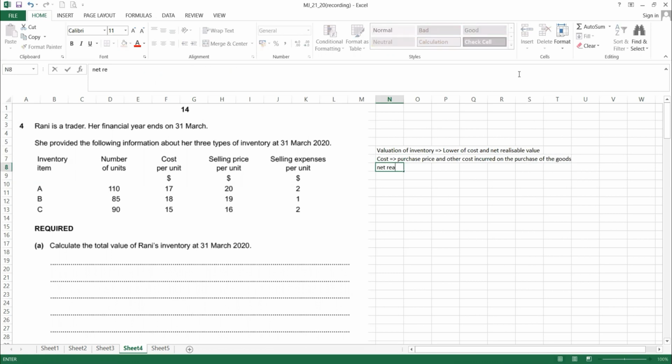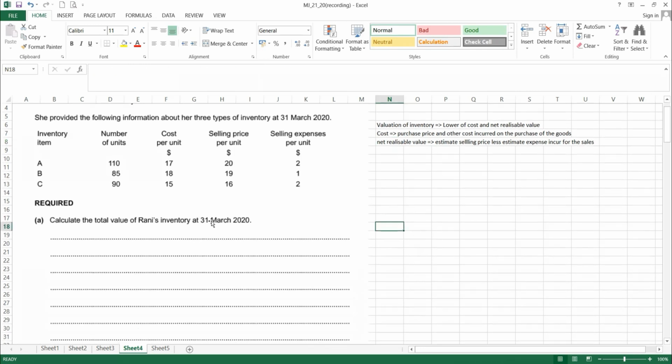Whereas net realizable value is the estimated selling price less estimated expenses incurred for the sales. So there is an estimate because you don't know how much you can sell it for, it just means estimate, not the actual.